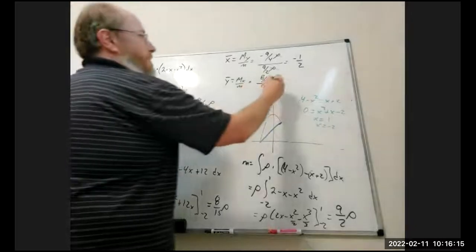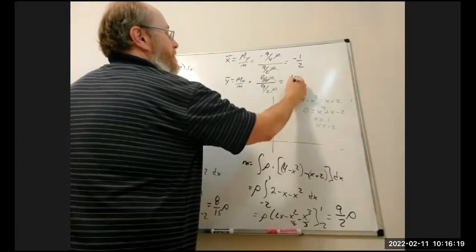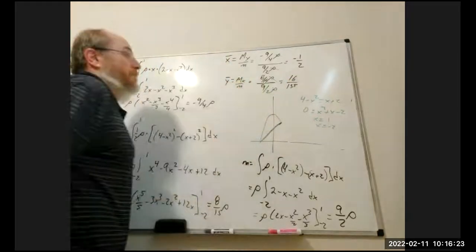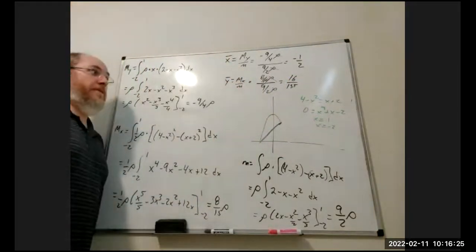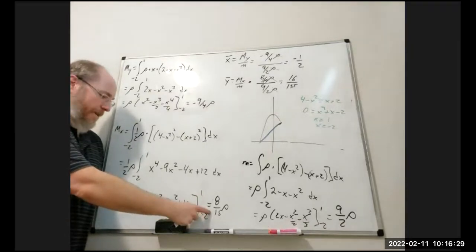All right, so we do this division. I screwed something up. I don't know where I did it, so I'm just going to go with what we got, which is 16/135. I think I gave you the wrong value here.